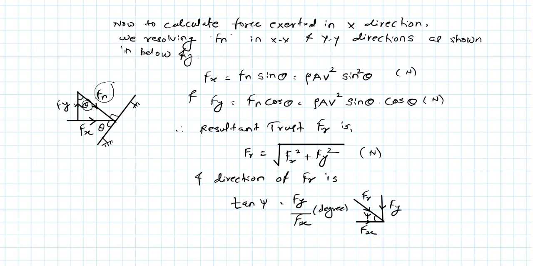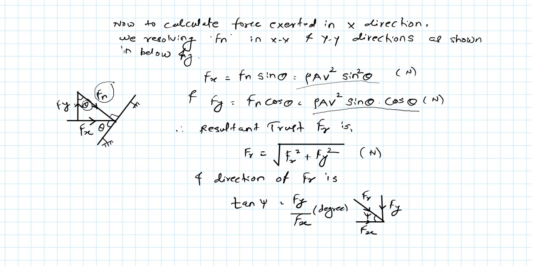So we can say Fx is equal to Fn sine theta. We already calculated Fn, put the value, we get rho a v square sine square theta. Same way, Fy is equal to Fn cos theta, which is rho a v square sine theta into cos theta. Now the resultant force is the square root of Fx square plus Fy square.